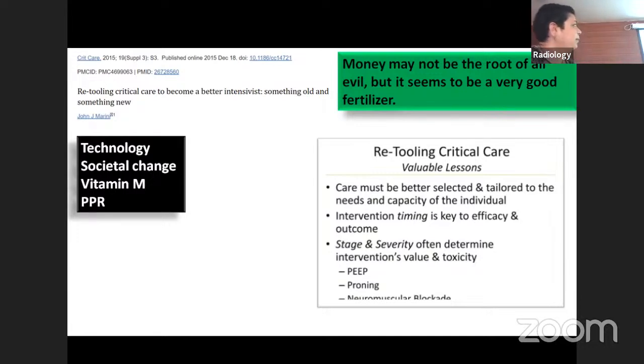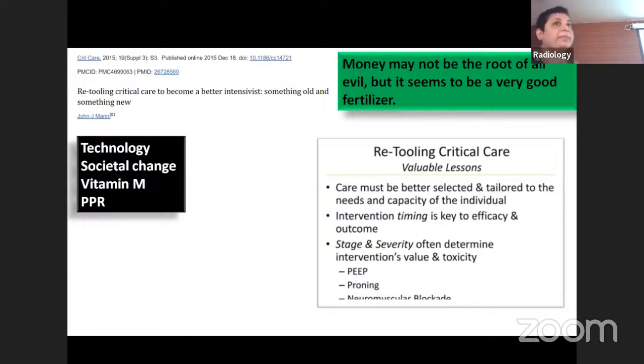So what else? Like they say, money may not be the root of all evil, but it's a very good fertilizer. So finally, it comes to that. It is the reason why there is a lot of problem. So how should we go about this? One is, of course, care must be better selected and tailored. Intervention timing is key. We have to make our learners understand this.